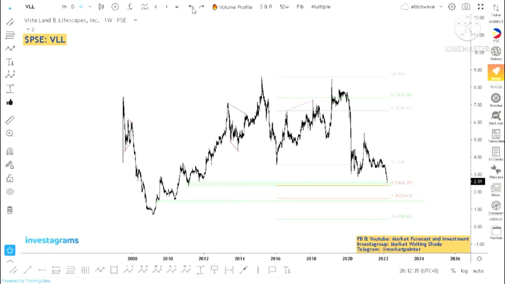Here we illustrate each corrective wave, and as you can see, these structures are quite similar in formation. We now start to label our structures ABC.